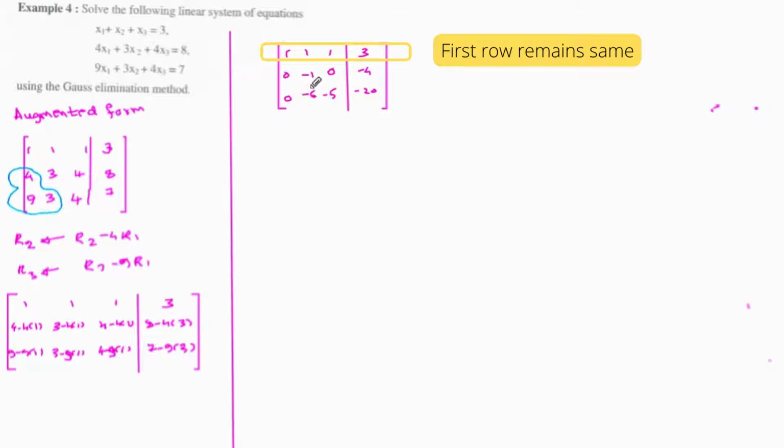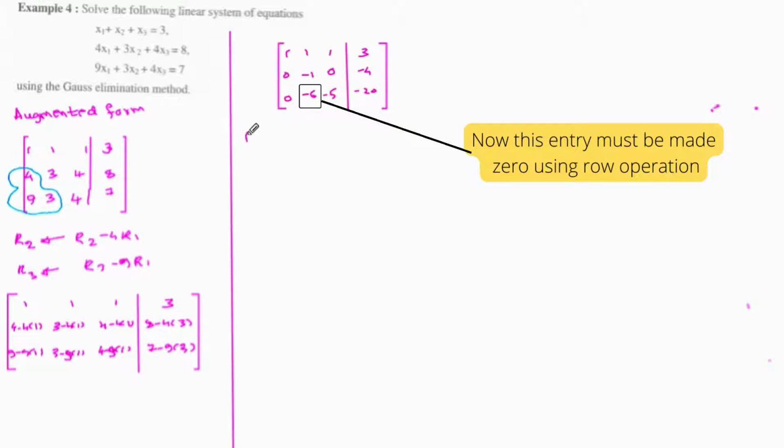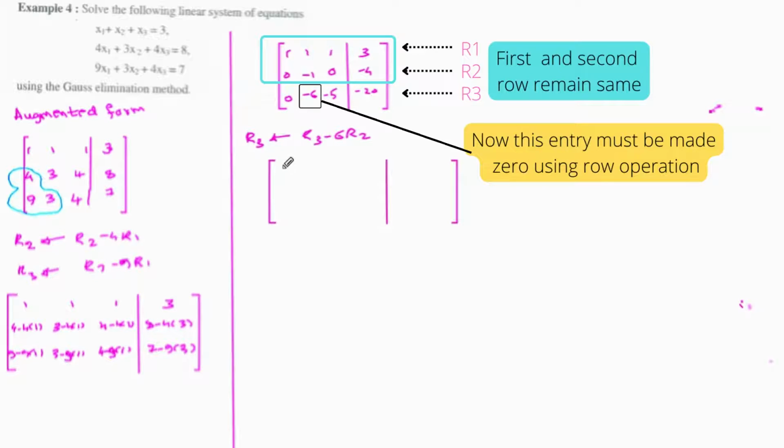We need to make this term 0. For this you can do the operation R3 minus 6R2. I will write it again. So 1, 1, 1 and 3 will remain the same. Also the second row will remain the same. If you do R3 minus 6 times R2, this will be 0.